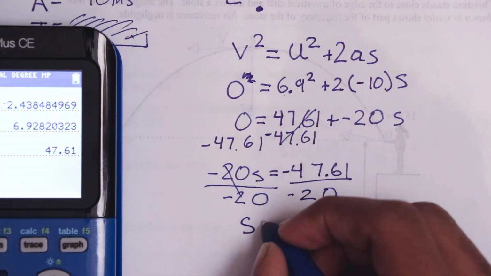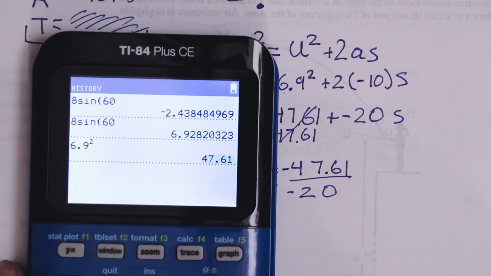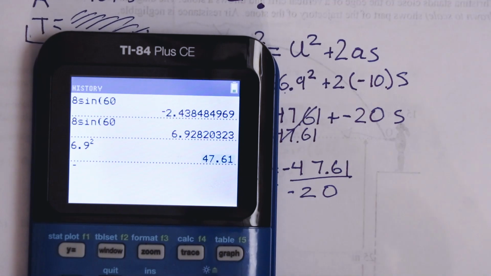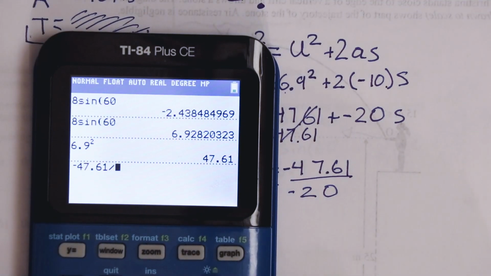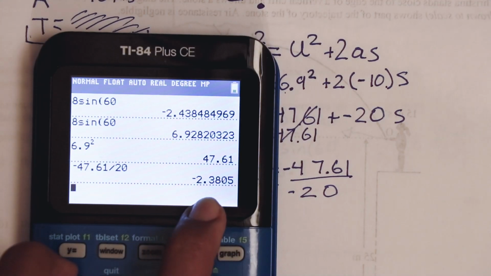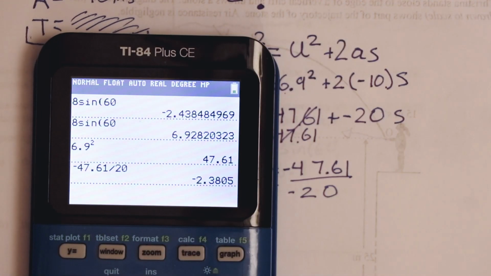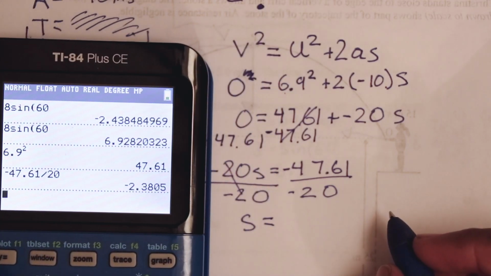So our S ends up being, using our calculators again, negative 47 divided by negative 20. Negative 2.38. So Mr. Putnam wants us to use two significant figures in a lot of his problems, so that's what we're going to do.